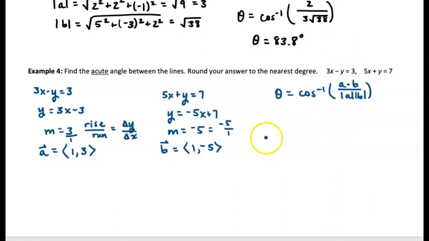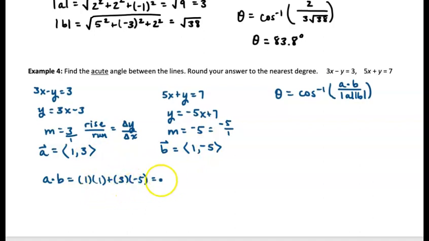So let's find this dot product. A dot product B is equal to, well, I'm multiplying 1 and 1, and I'm adding to that 3 and negative 5.